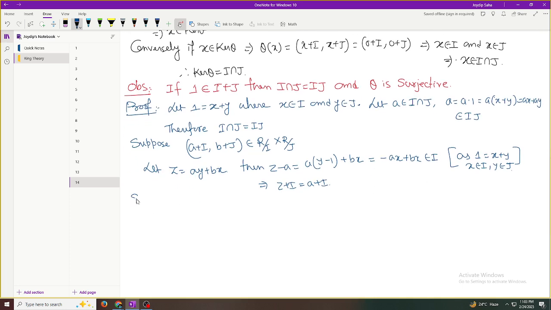Similarly, z minus b, what is this? z minus b equals ay plus b(x minus 1), this is minus y.